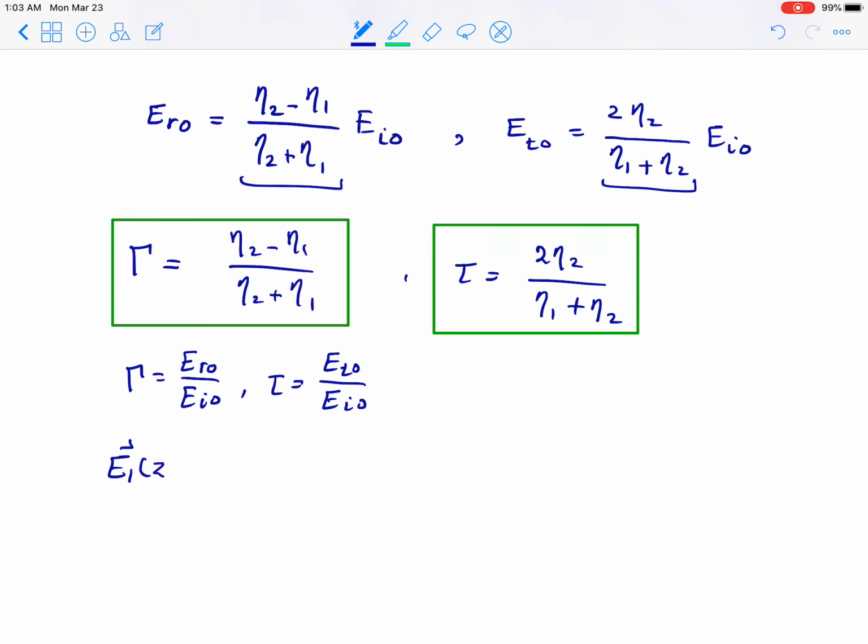So in this case, we can actually write E1 as the incident term times 1 plus gamma terms. I'm missing gamma here.